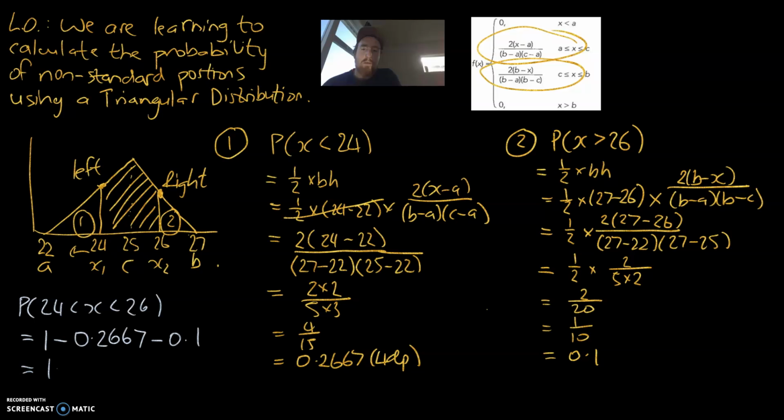So that's 1 minus 0.3667, which is 0.6333, rounded to 4 decimal places. That is our final answer: the probability of an event being between 24 and 26, or a 24 to 26 minute wait time for those buses, would be 0.6333.